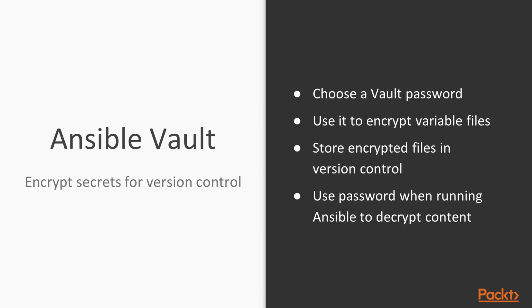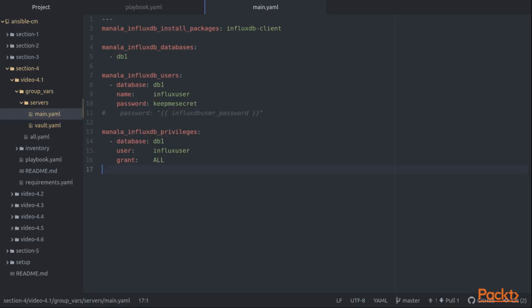Let's look at an example of how we can use Ansible Vault to secure secret information. In our last section, we looked at using an InfluxDB role downloaded from Ansible Galaxy. We used it to install InfluxDB. We then looked at configuring that role so we could have it create a database, a user, and then give privileges to that user for that database.